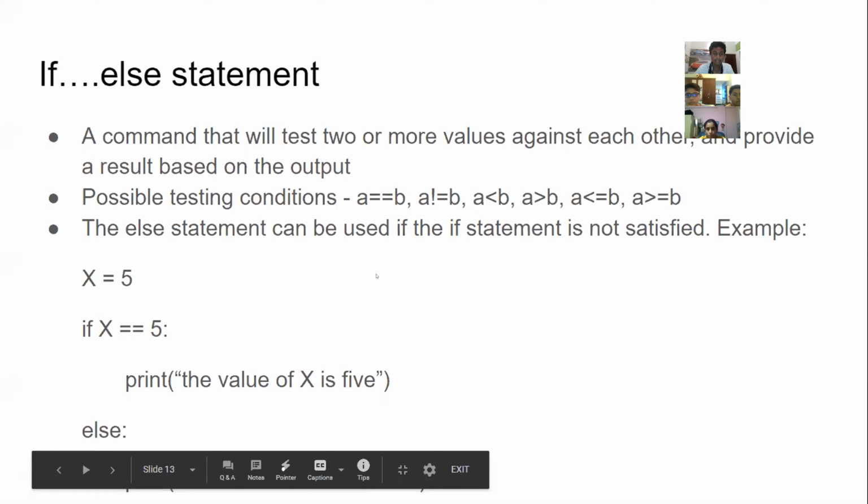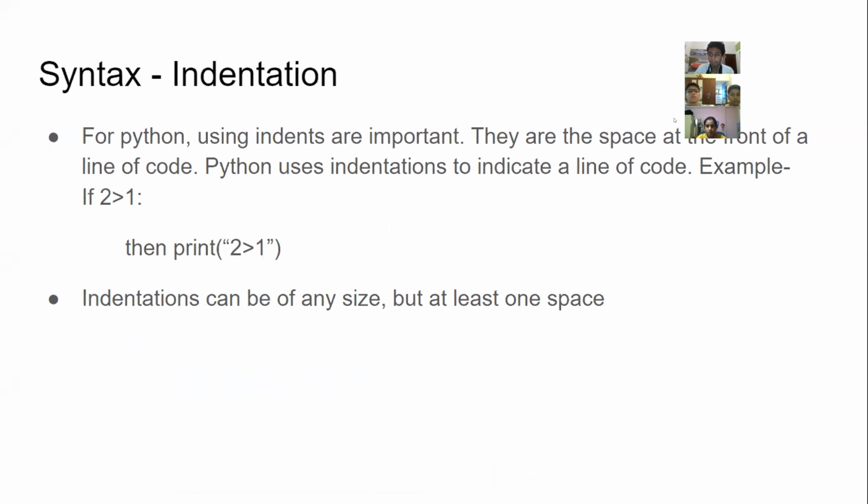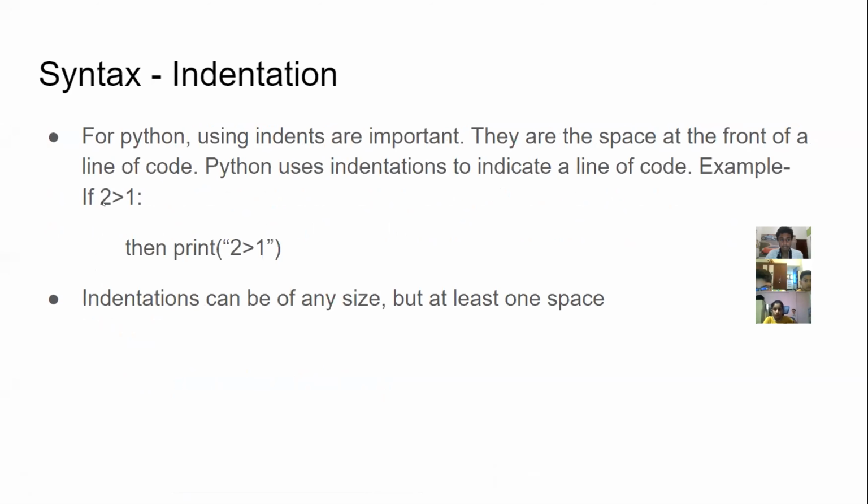So Python actually follows these things called indents a lot. So indents are important. Under the if statement, there has to be an indent, or else Python will not know. Since there's a space, whatever is in this indent, I'll have to run.